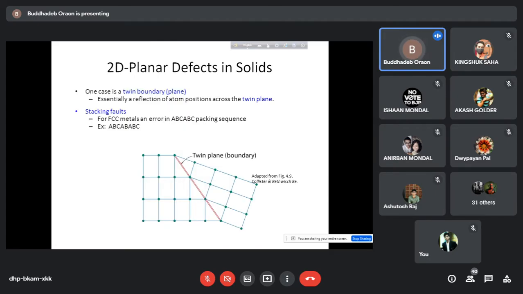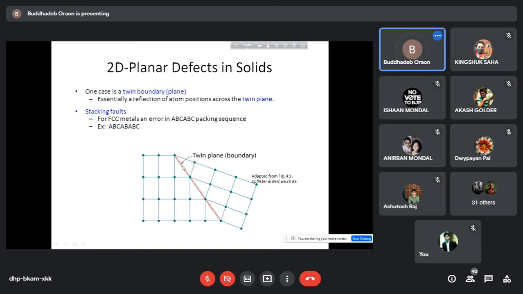Okay. So then comes the 2D planar defects in solids. There are different types of 2D defects. Here one is called the stacking fault, and another one is called the twin boundary plane. Although it is two-dimensional, along this twin plane defects have taken place, and on the left-hand side or right side you have got the perfect crystal.